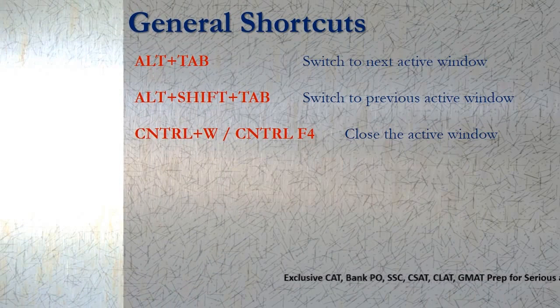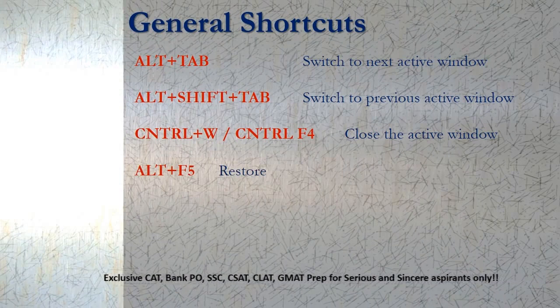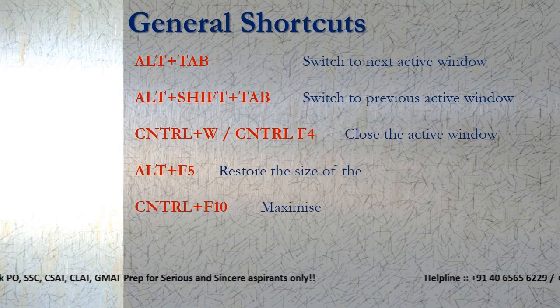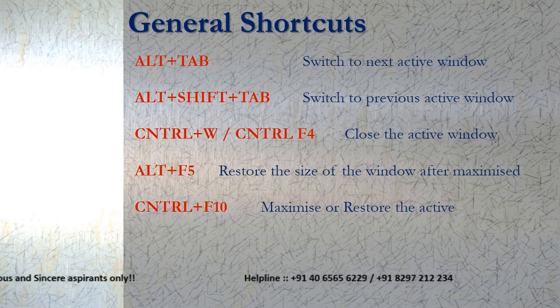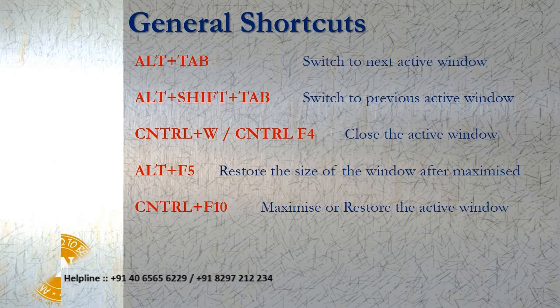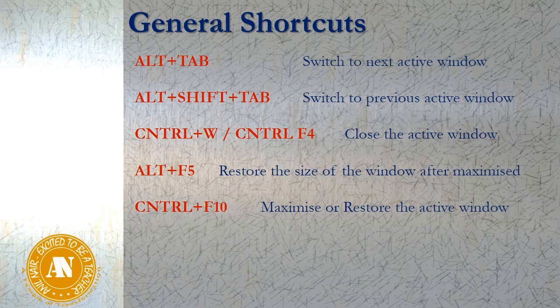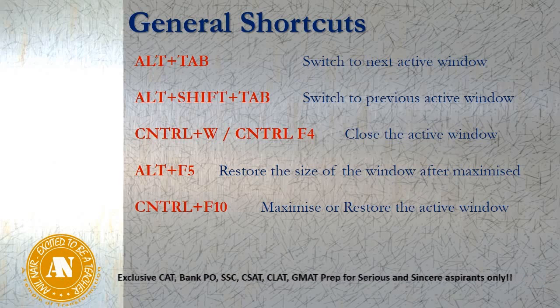Now comes Alt F5 or Control F10. Alt F5 is a shortcut that is used to restore the size of a window once it is maximized, whereas Control F10 is a toggle between maximizing and restoring a window. So what is the purpose of resizing the application? Let us say you are using 10 different tabs and you want to compare something between 2 different windows.